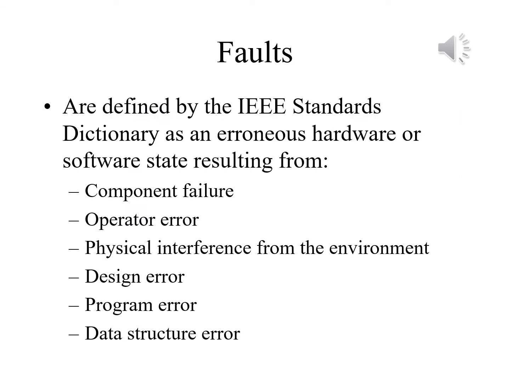The IEEE Standards Dictionary defines a fault as an erroneous hardware or software state resulting from failure of a component, operator error, physical interference from the environment, design error, program error, or data structure error.